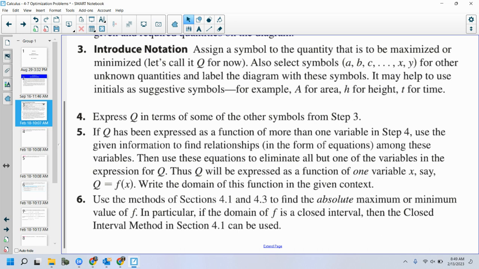Now, we could do that in a couple different ways, right? Finding the absolute maximum or minimum value would either find the critical points and then run the ID test, or you could find the critical points and then the second derivative. Am I going to be asking you increasing and decreasing for all these functions? No, I'm not going to ask you that in these. But what I am going to ask you is identify a maximum or minimum value.